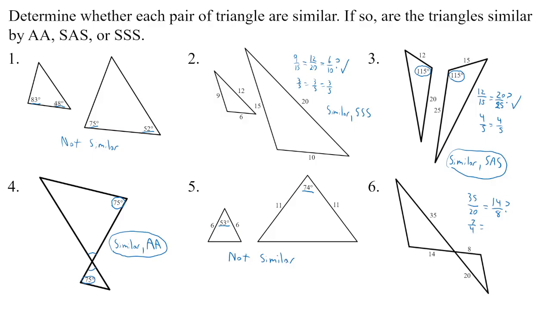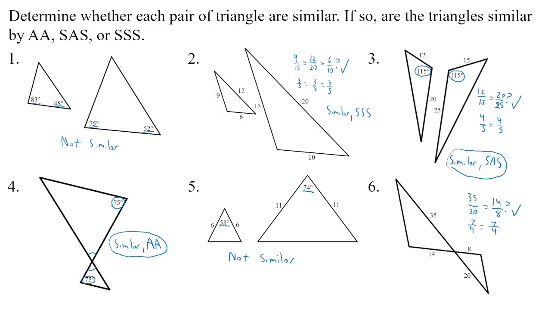And 14 over 8 reduces to 7 over 4. So we know that the two pairs of corresponding sides are proportional. However, it seems like that's all we have, right?